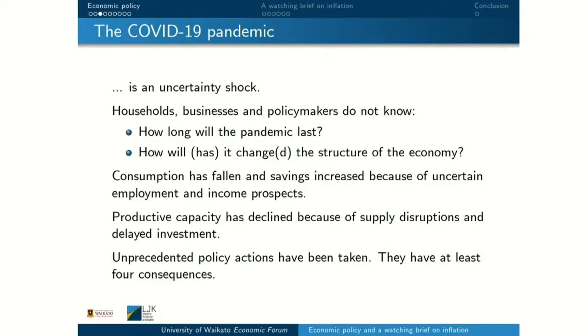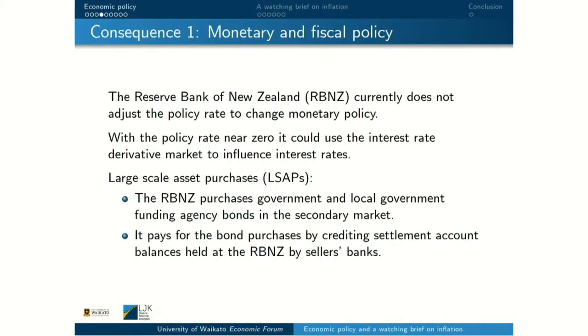The pandemic is also unusual in that it has led to unprecedented policy actions. And these policy actions have had at least four consequences, which I will spend the rest of my time talking about. So the first consequence, in terms of the policy responses, is with respect to monetary and fiscal policy.